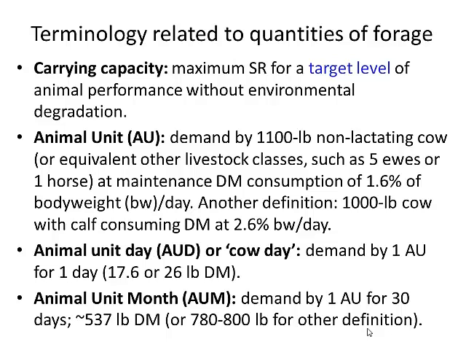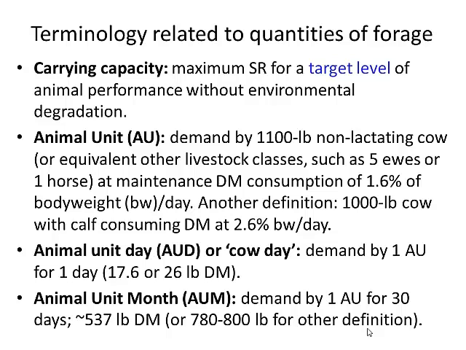One animal unit, I don't know, how many people have 1,000-pound cows? Or even 1,100-pound cows? 2, 3, okay. How many people have 1,300 and 1,400-pound cows? 2 or 3. Probably most of you are 1,200, 1,300. So this kind of harks back 50 years ago when our cows were 1,000 pounds.